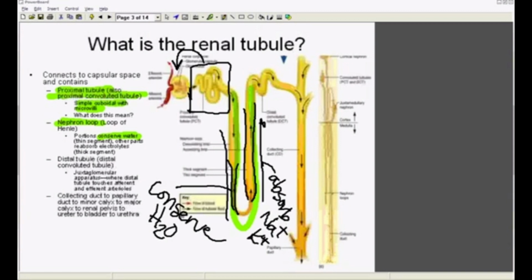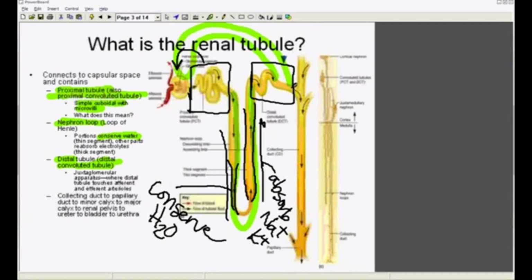The next section is another kind of twisty region, but it's located farther away from the glomerular capsule, so we call it the distal convoluted tubule. And this distal convoluted tubule, although they didn't draw it accurately here, actually has a part of it that nestles back over here close to the Bowman's capsule and then comes back over.